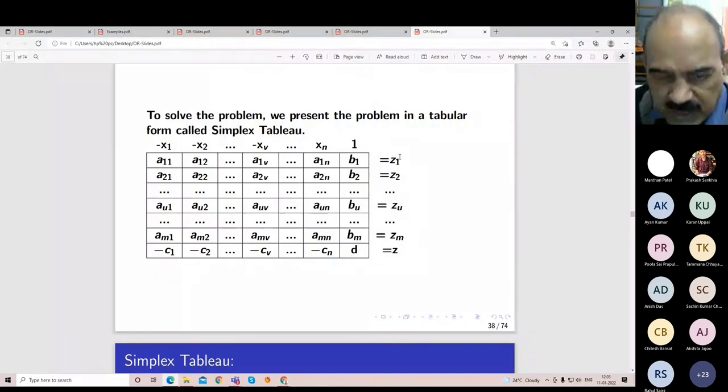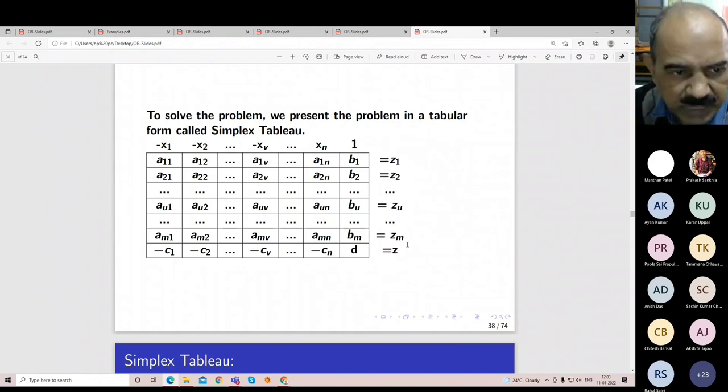These are the basic variables: z1 with respect to the first row, z2 with respect to the second row, zu with respect to the uth row, and zm with respect to the last row, the mth constraint. For each constraint, we include a basic variable. There are n non-basic variables, x1, x2 up to xn, and these z1, z2 up to zm are the basic variables. We are giving different names to basic and non-basic variables.